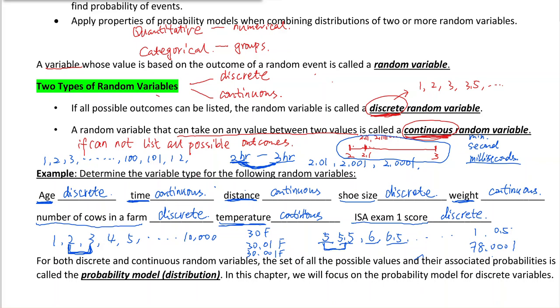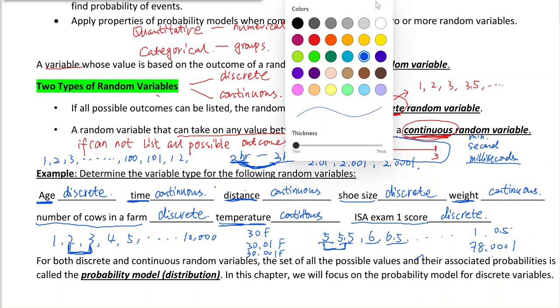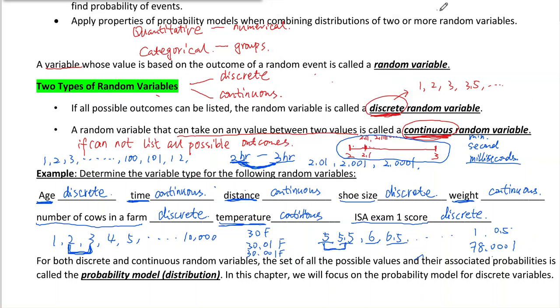It doesn't matter how small the range is, as long as in the range you cannot list all possible outcomes, then it will be continuous. So we can get a general idea: time is continuous, distance is continuous, weight is continuous, temperature is continuous.